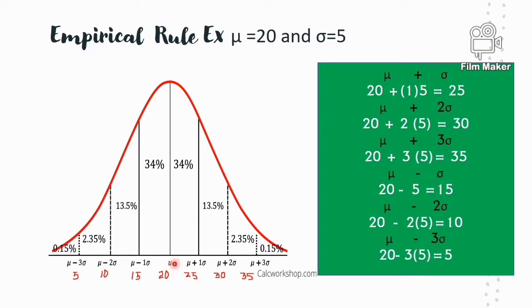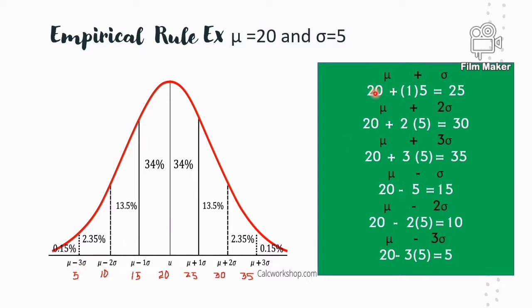So mean plus 1 standard deviation, mean plus 2 standard deviations, mean plus 3 standard deviations, mean minus 1 standard deviation, mean minus 2 standard deviations, and mean minus 3 standard deviations.